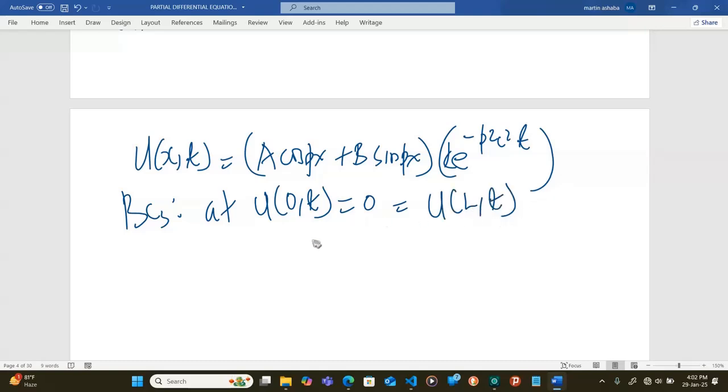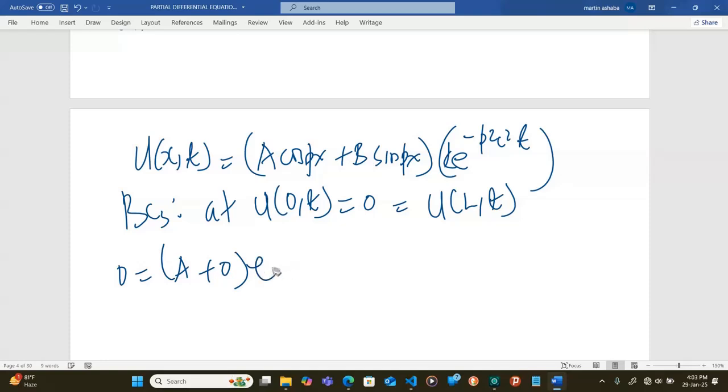In other words, we are saying the temperatures are equal to 0 at x equal to 0, that is at the beginning of the bar, and also at the end of the bar. So these temperatures have been fixed at 0, and that's why we are saying this is equal to 0. So I'm going to apply a 0 here, so that I will have a 0 equivalent to, if I put in a 0 here, a plus 0.